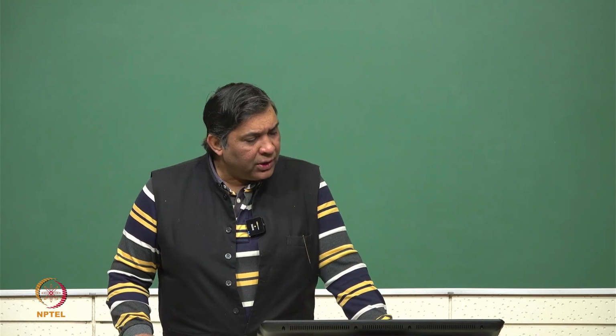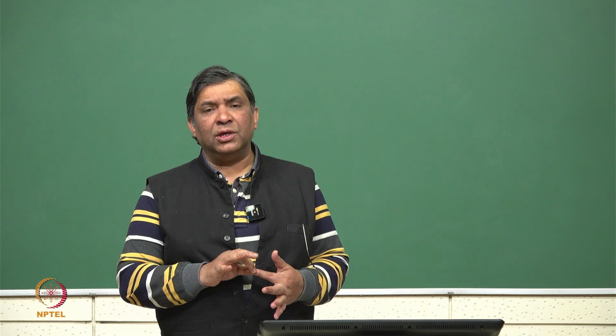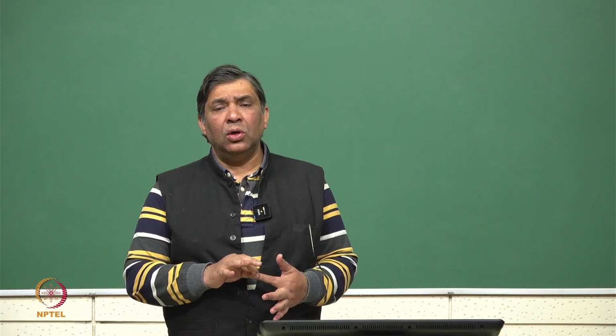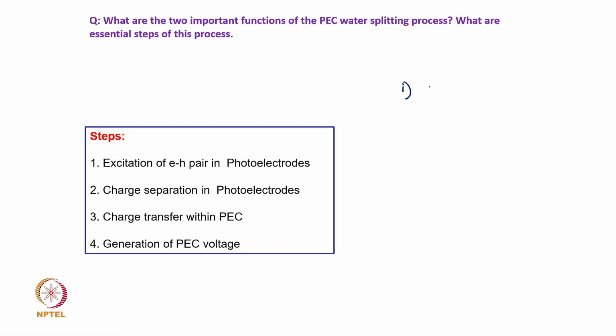We go to the next question. What are the 2 important functions of the PEC water splitting process? What are the essential steps of this process? If we look broadly at this process, there are 2 functions. One function is the optical function.